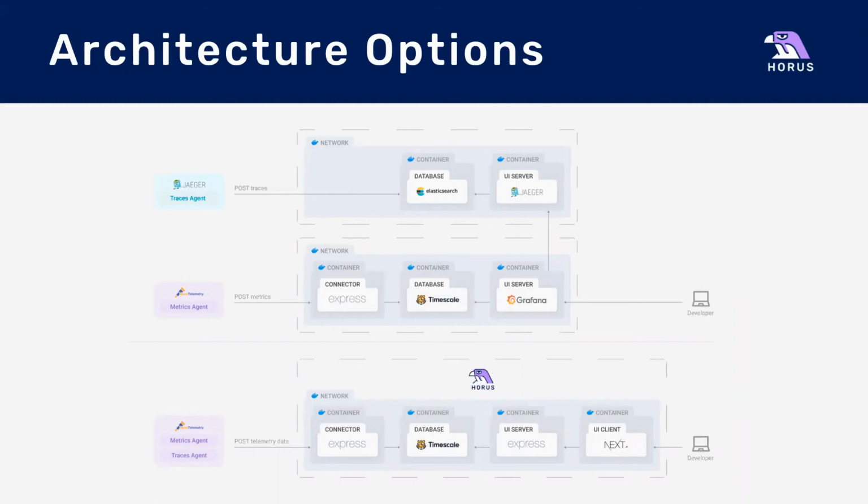In it, the trace data in Jaeger format is sent to Elasticsearch to be stored. The metrics generated by OpenTelemetry are sent to the connector, which stores them in Timescale. To display the metrics data, Grafana queries Timescale directly. But for the traces data, it uses Jaeger as a data source, which queries Elasticsearch to retrieve the data.